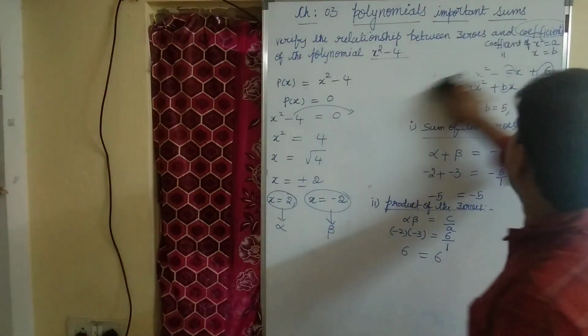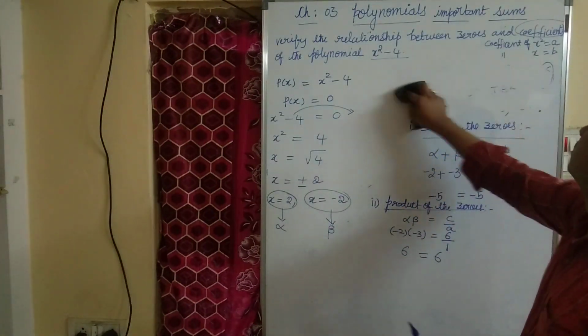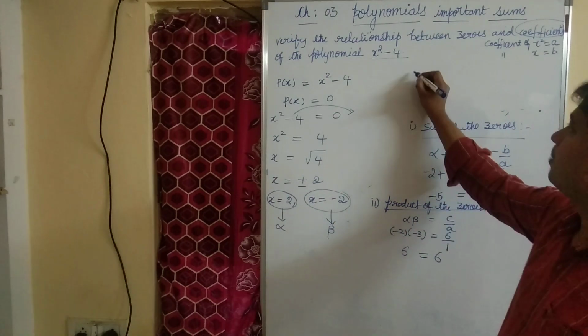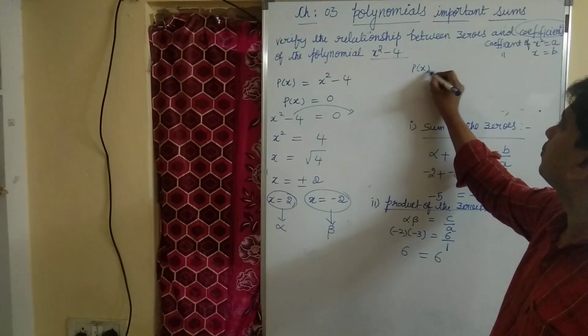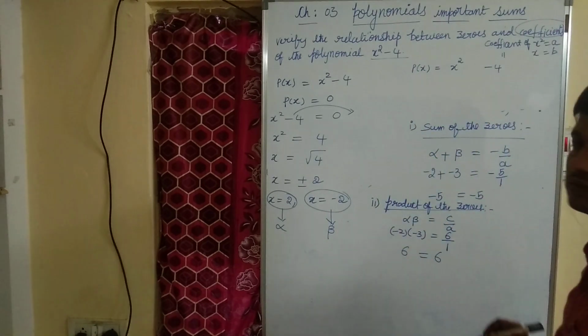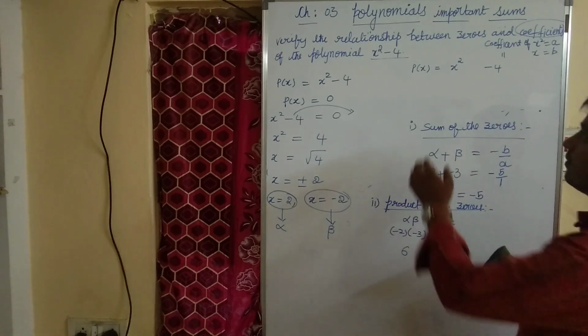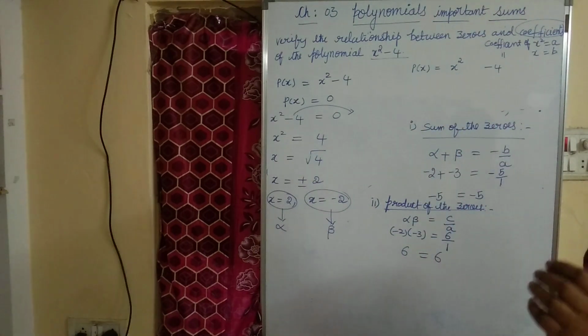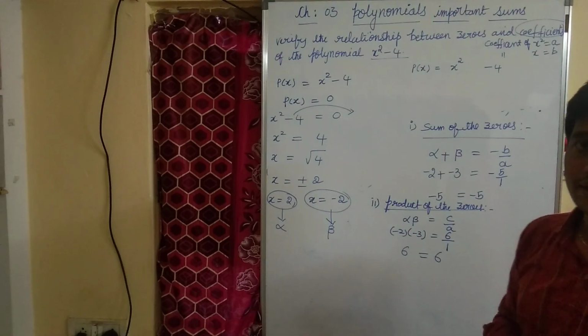Now let us verify the sum of the zeros and the product of the zeros. If you observe the given polynomial, p of x is equal to x square minus 4, here we have the x square term and we have the constant term. Here the x coefficient is absent, right?